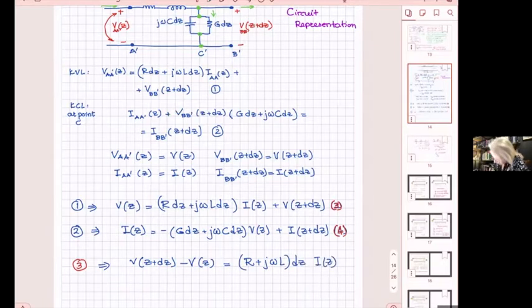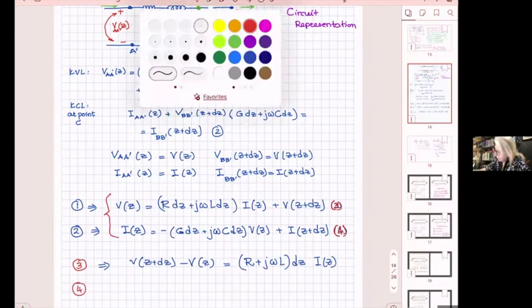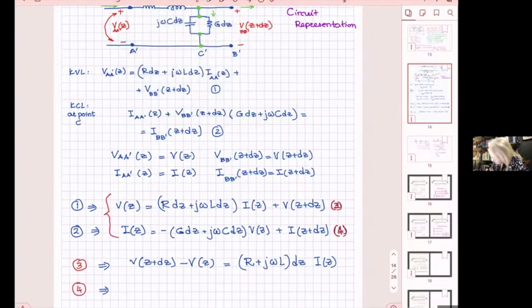And then from 4, the same thing for I of z plus dz minus I of z. Now this is equal to, there should be a minus here, that is equal to minus G plus j omega C dz V of z.